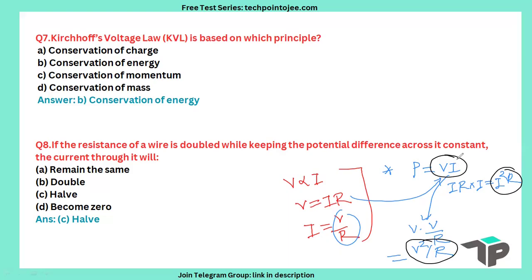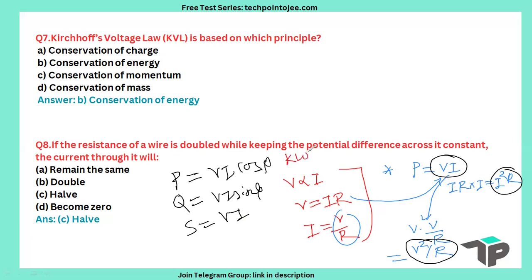Also, there are three types of power. P is the active power, Q is the reactive power, and S is the apparent power. So P equal to VI cos phi, Q, the reactive power, equal to VI sin phi, and S, the apparent power, equal to V into I. The units of these powers are kilowatt, kW, for active power, kilovar, kVAR, for reactive power, and kVA for apparent power.